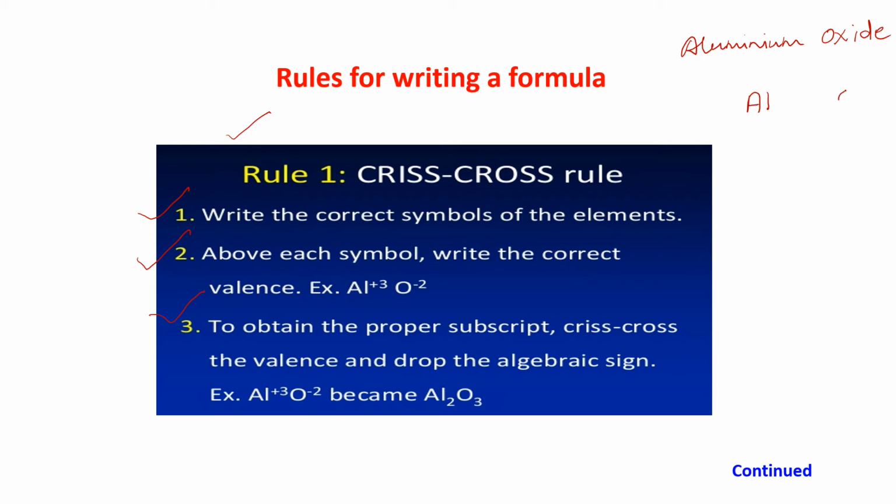Oxide means oxygen, O. This is known as ion. When we are talking about ion, then we are writing in a formula, then it is written as oxide. Oxide is the ion of oxygen. Now what is ion? I'll explain to you. Now oxide I have written.